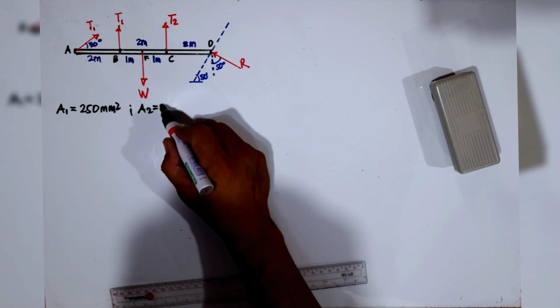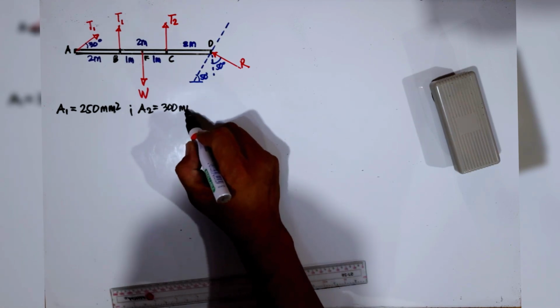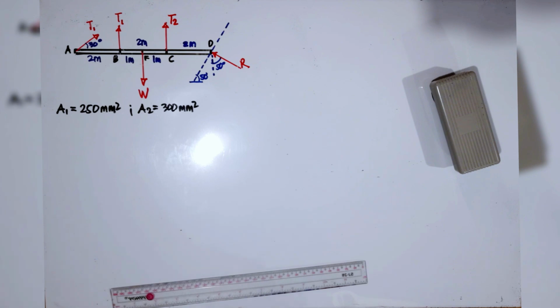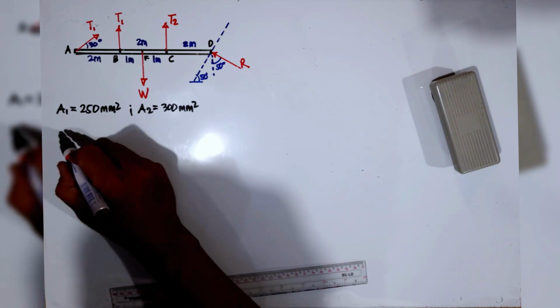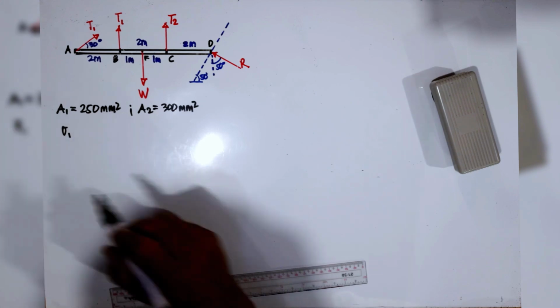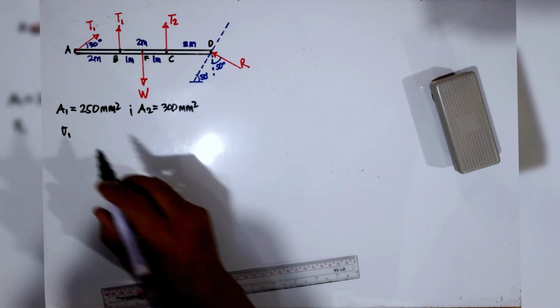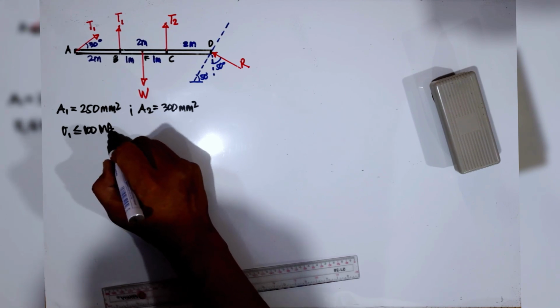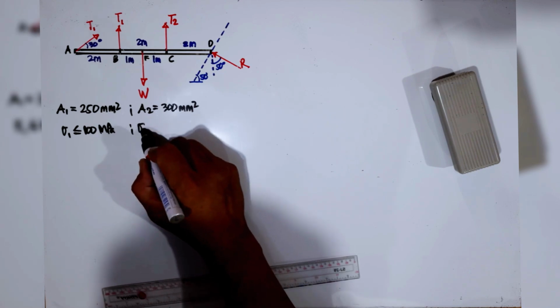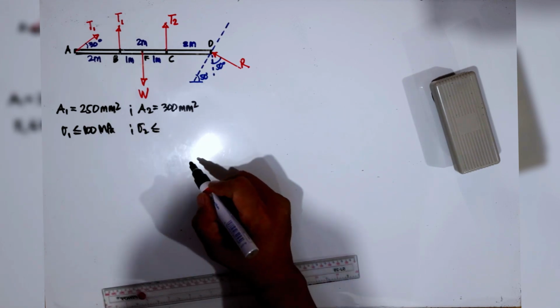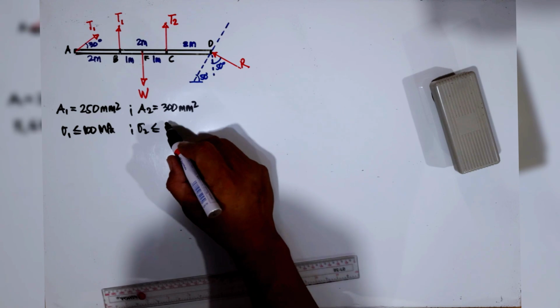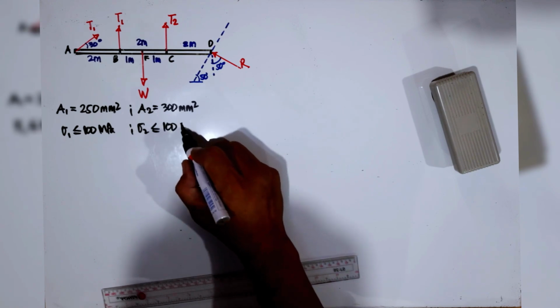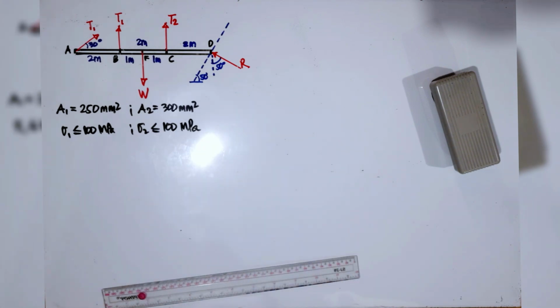It's given to be 300 square millimeters. It's also given that the stress in each cable is limited to 100 megapascal. So sigma 1 and sigma 2 should be less than or equal to 100 megapascal.